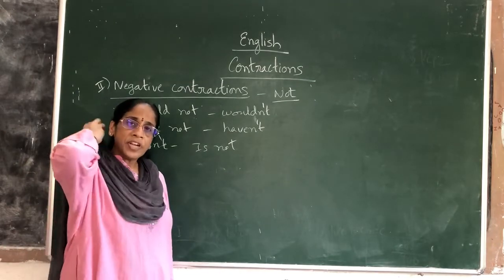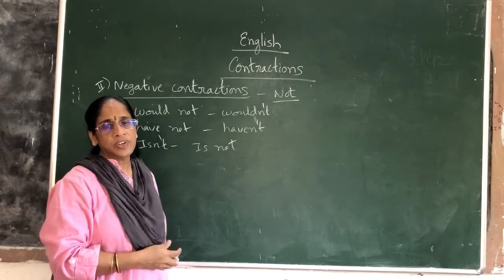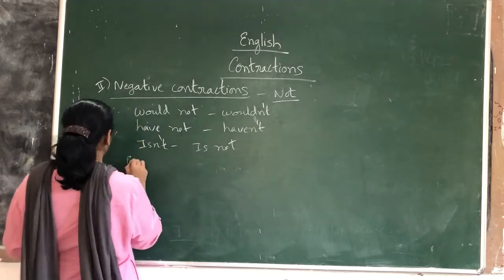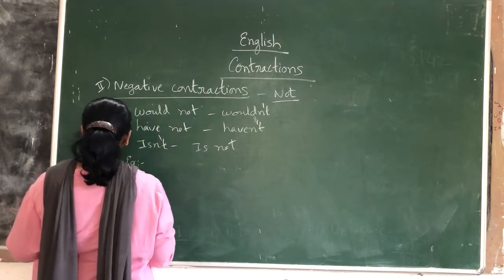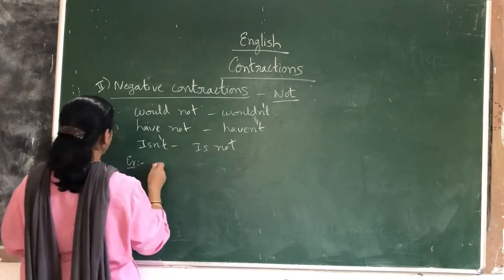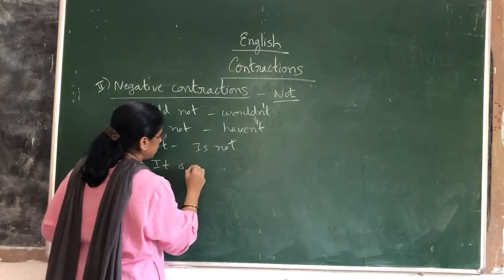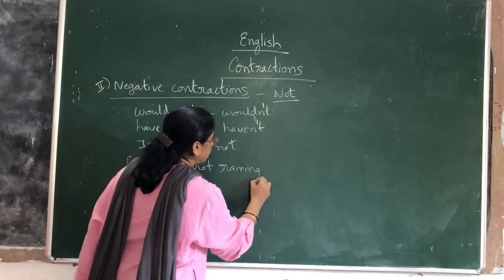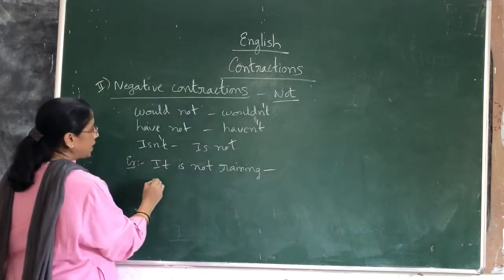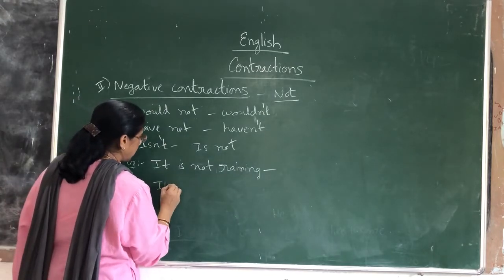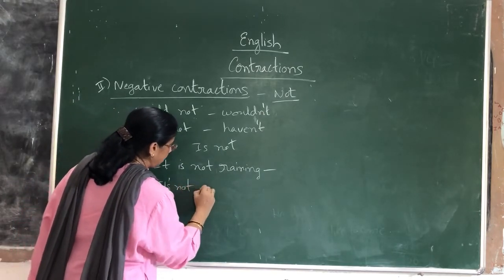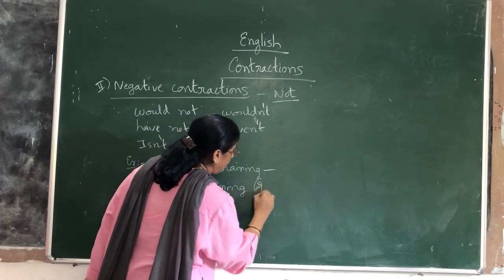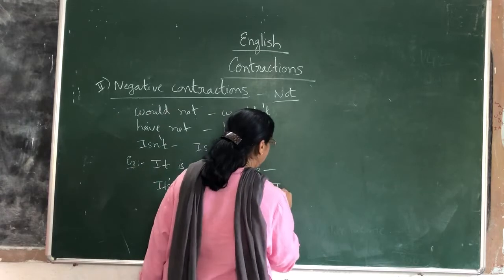But if there are two words which can be contracted, we can't contract both the words there. Just like the example I am giving you, see. Just one example I will give you. It is not raining. So we are having not in this sentence. We need to contract the words in the sentence. How can you write it? You can write it's not raining. Okay. What you can write, ma? It's not raining, or it isn't raining.